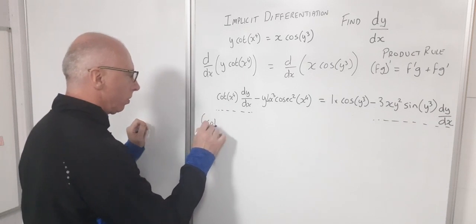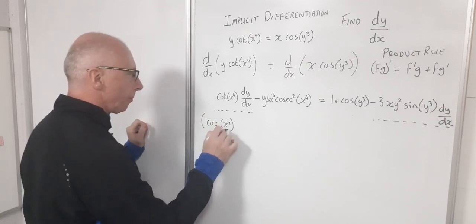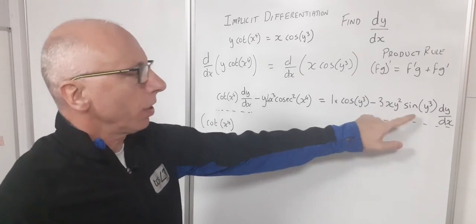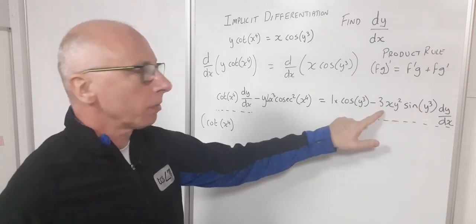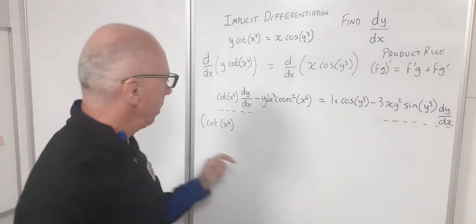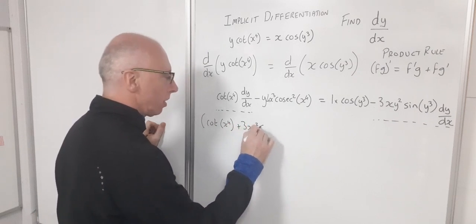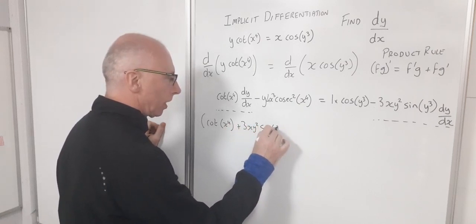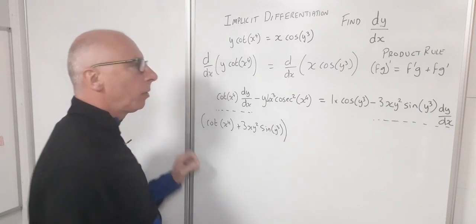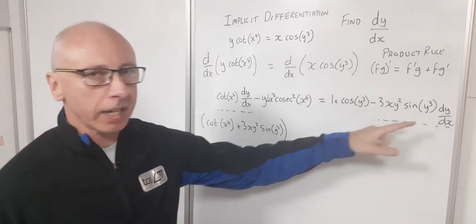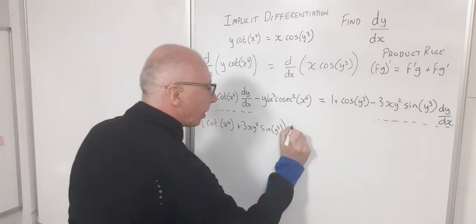Bring this one over to the other side. That becomes positive 3xy squared. So that's plus 3xy squared sine y cubed.